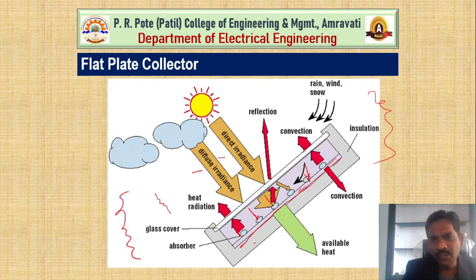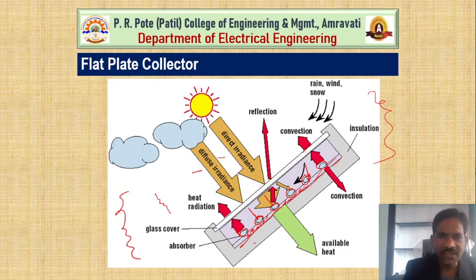On this absorber surface, the black material is provided to absorb a lot of solar radiation. And these are the tubes from which our working fluid will be circulated. It may be liquid or water, and its temperature will rise.